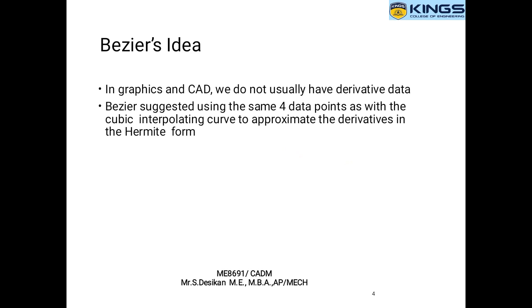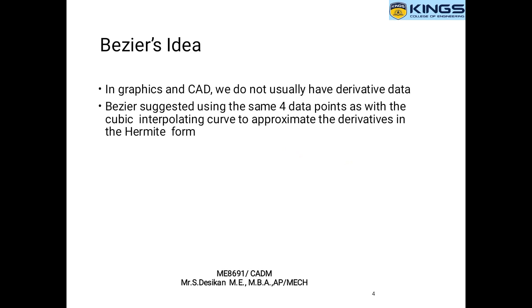When the three-dimensional equation consists of more than 3 parameters, we have to go for Bezier's Hermite curve. Bezier had the idea, he suggested 4 data points with the cubic interpolating curve. He has 4 data points P1, P2, P3 and P4, and it is derived from the Hermite form.